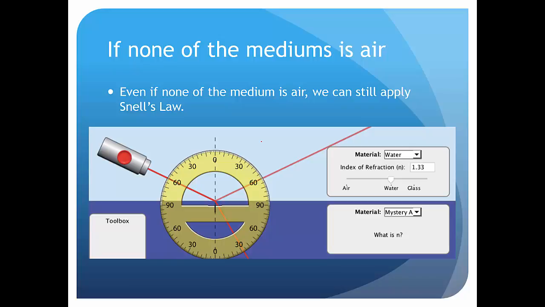You can even apply this if none of the media is air. So you can apply that particular formula. Let's say the angle over here is 60 degrees, and this time around they tell you that this is roughly about 32 degrees. This is water, which has a refractive index of 1.33, and they want to find what is n for this particular medium. You can do that.